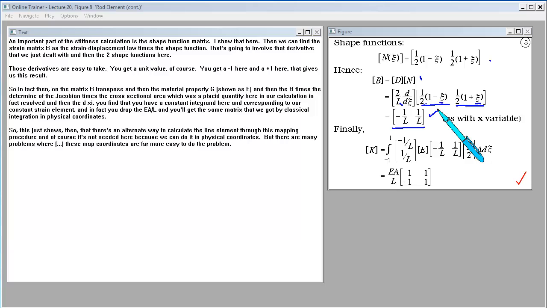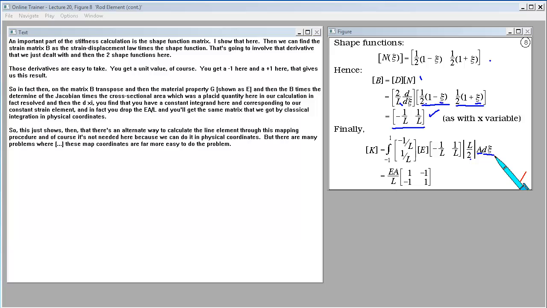So in fact then, we have the matrix B transpose, then the material property G, and then B times the determinant of the Jacobian times the cross-sectional area, which was a constant quantity in our calculation and factors out, and then the dxy.